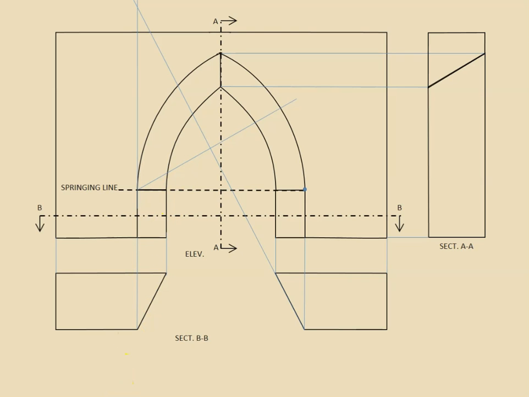So you can use that line to draw a 30 degree line, and that'll divide the curve in half. And if you bisect it like I've done here, bisect the point that comes here, and the point that comes here, I'll draw another line, and that'll divide again into more equal divisions on that Gothic arch.